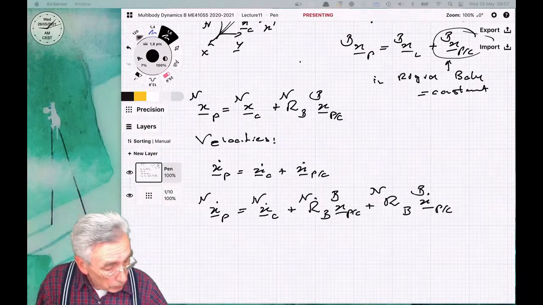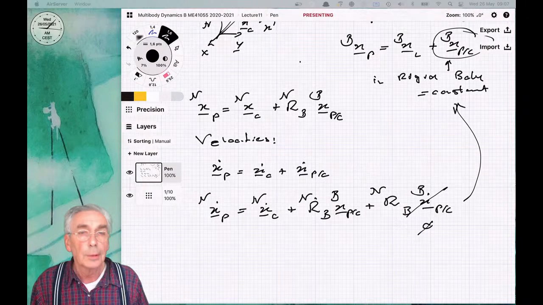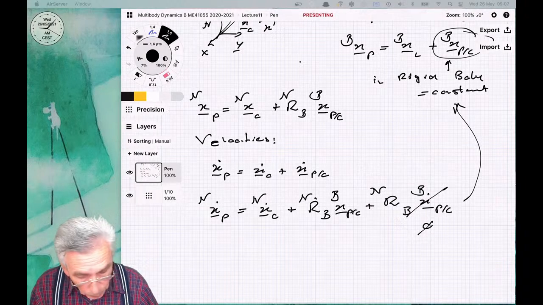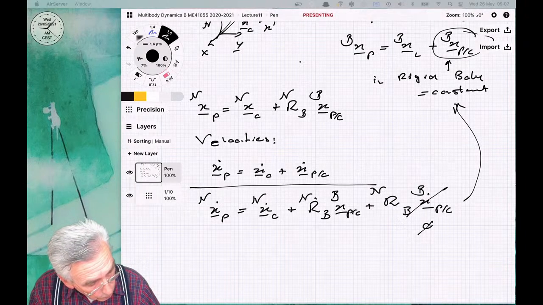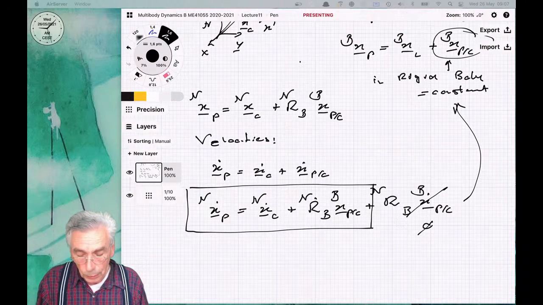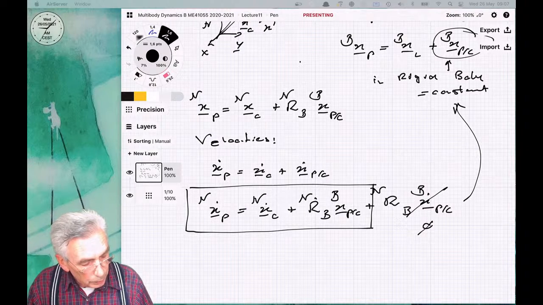But of course this guy is 0, because the thing is constant. Within the body it doesn't change. So then we are left with this part. So this is the expression for the velocities. Now this we talked about a lot, so that's not so important.